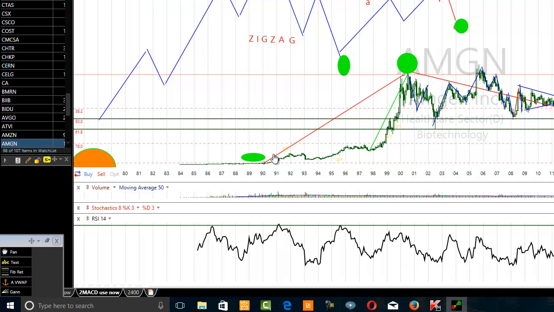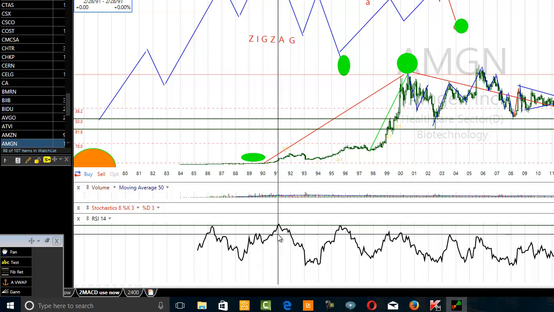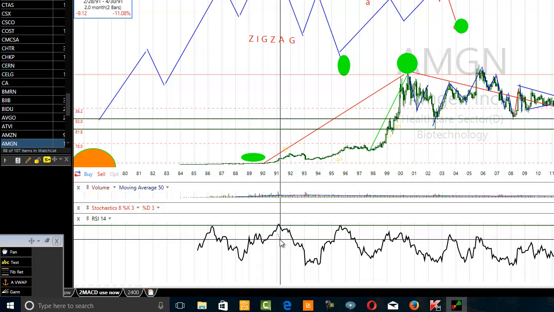At that point in time, the price went up. Then it pulled back a bit, and then we have another peak again. RSI goes back again to the same point. The first time the RSI peaked at a significant high, price continued to go up. The bullish momentum was strong.